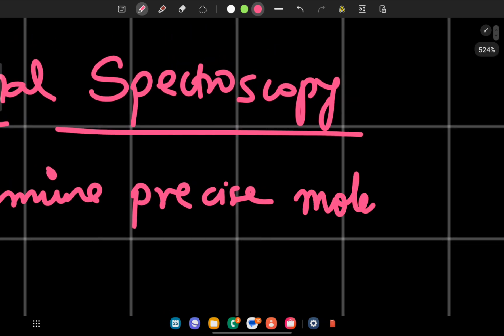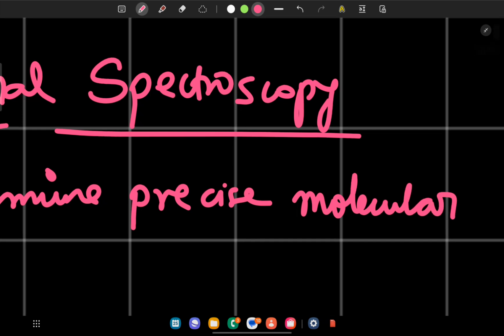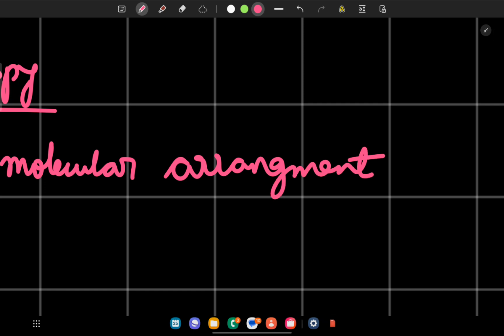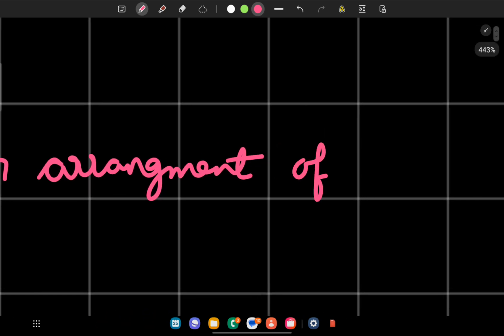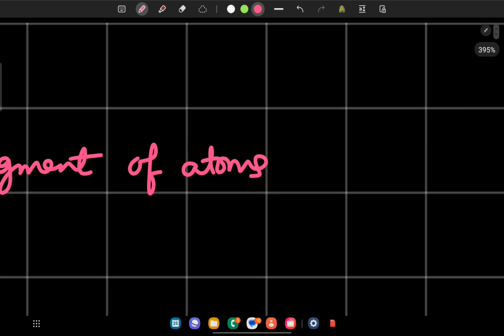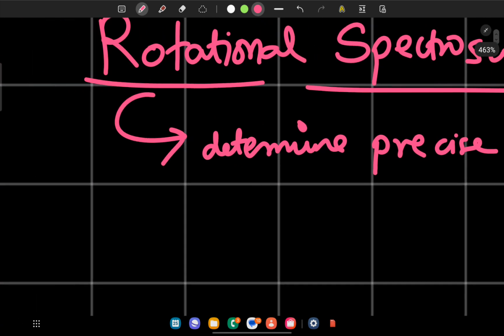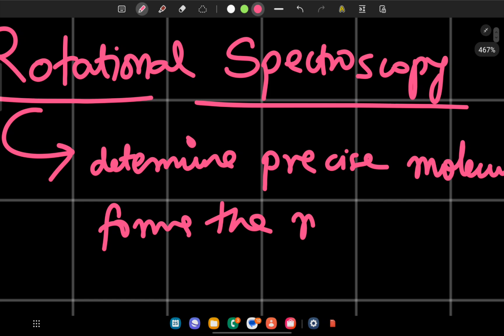Precise molecular arrangement of atoms slash entities which form the molecule.